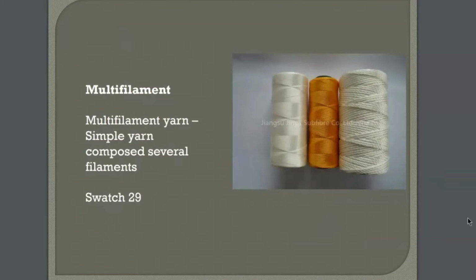So a little bit about how you can determine if this is a spun yarn or this multifilament yarn. First, I want you to look at the fiber content. The fiber content is polyester. Polyester is a synthetic fiber, meaning that it was extruded, right?